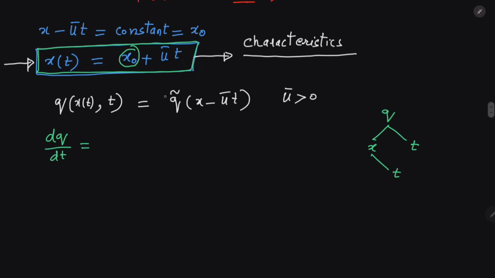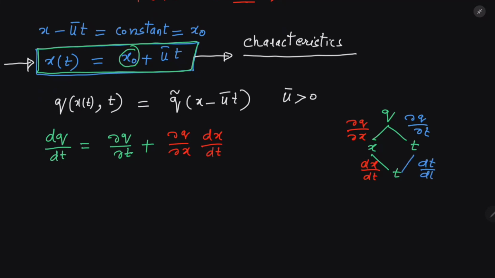We apply chain rule: partial q by partial t plus partial q by partial x times dx by dt. We take a derivative of q with respect to x first, then dx by dt, and in the other case it is partial q by partial t, and there is dt by dt, something like that.